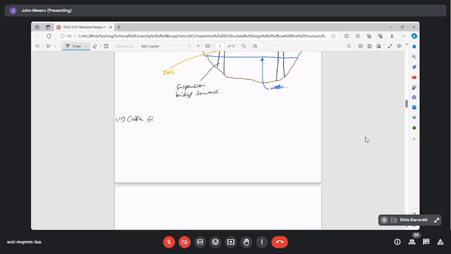Cable-stayed. This also is a bridge whose support system is cables, but the principle of load carrying and whatever needs to be checked is a bit different.